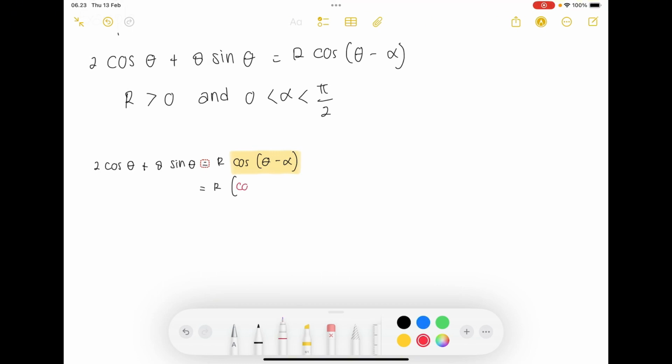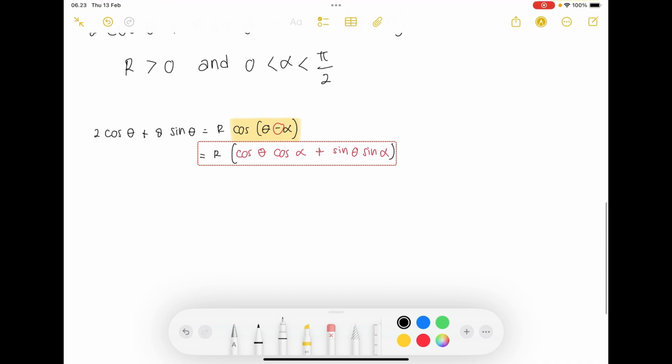So if this is minus, then here it becomes positive. Remember, yeah, the formula. Cosine, sine. Okay, like that. And then here, still the same. We just need to rewrite it here.